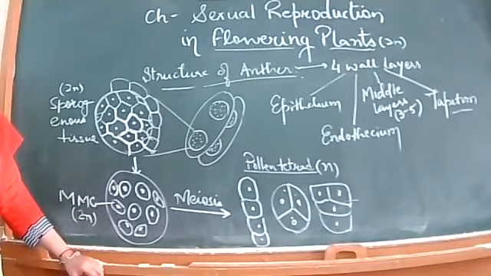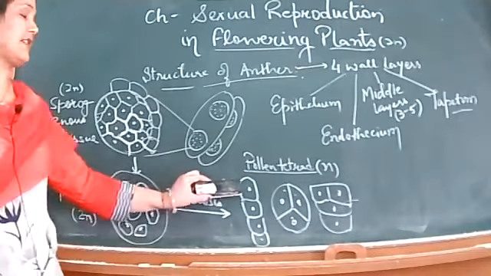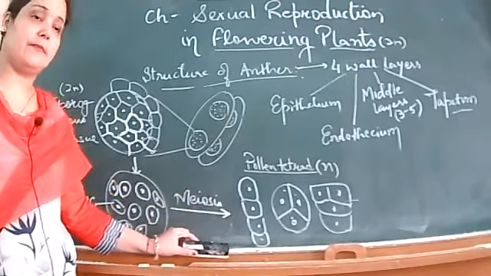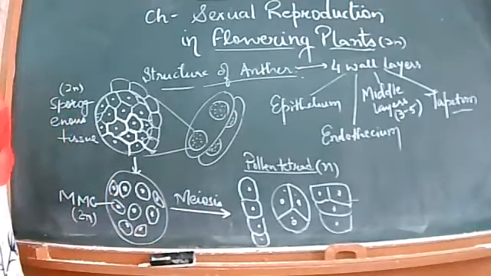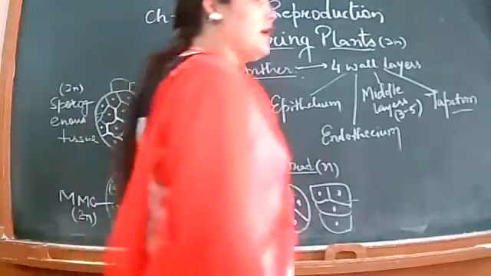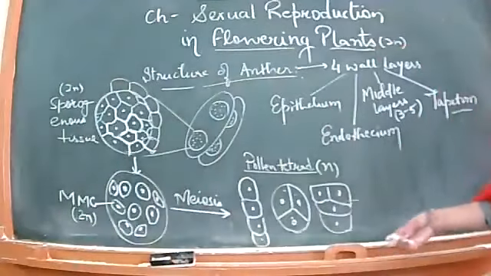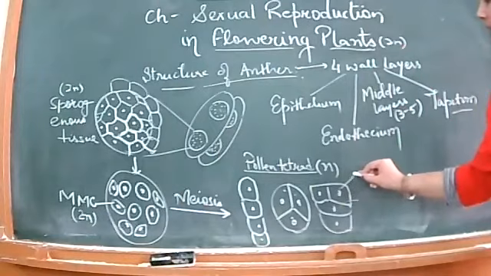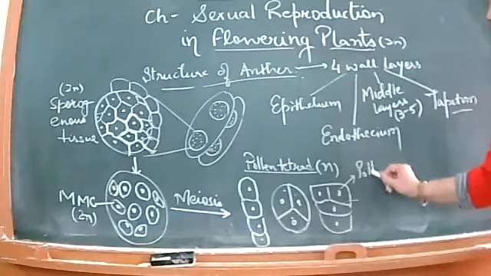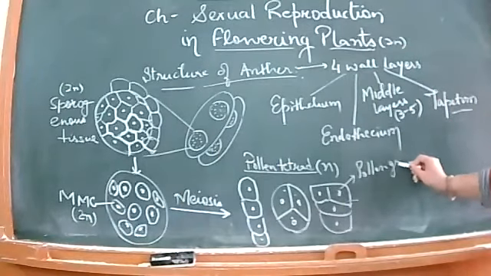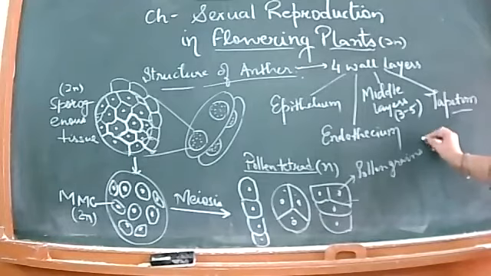Meiosis occurred in the microspore mother cell, which went on to form the pollen tetrad, and every unit of this tetrad is N in nature. All of these tetrads are made up of individual pollen grains. So they are the pollen grains, which are now haploid structures.